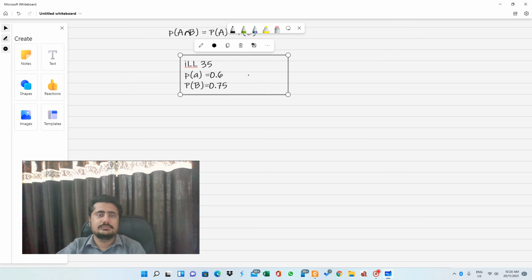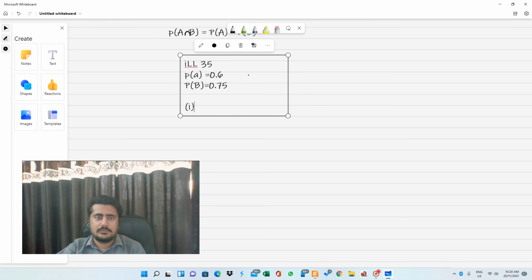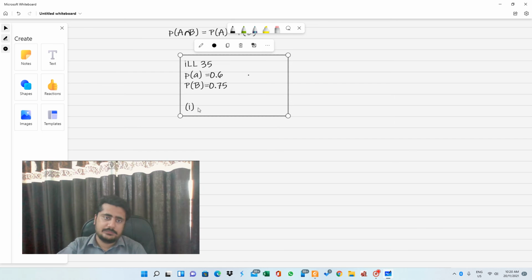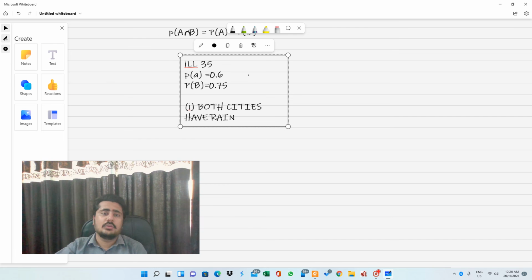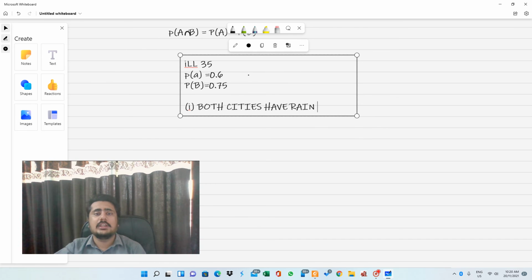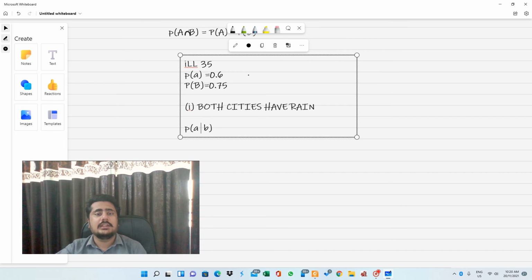My first question is: find the probability that both cities have rain. Now, what does both cities have rain mean? Both cities have rain means they are obviously asking about the intersection. As I told you, both is the intersection.